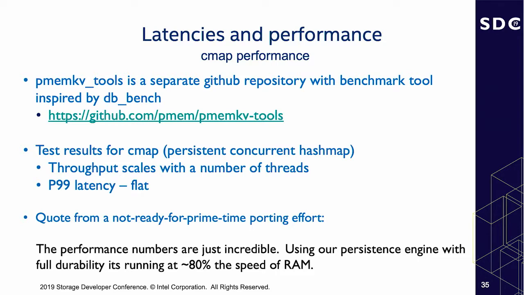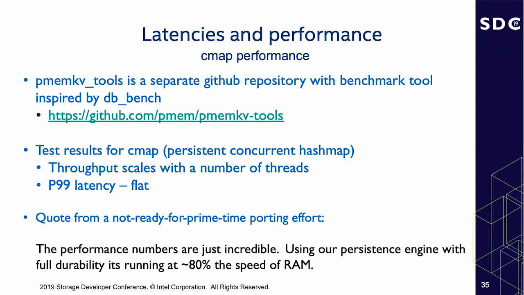So this is a guy who has tuned a key value store for DRAM for years, and it's been volatile, right? Anytime you set a value, you lose it on a power fail. Now he has his same key value store, and anytime you set a value, it's persistent. Not eventually consistent, it is synchronously persistent, and he got 80% of DRAM. Try and do that with storage, right? I actually think this is just a huge thing.